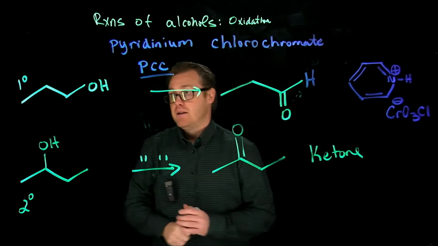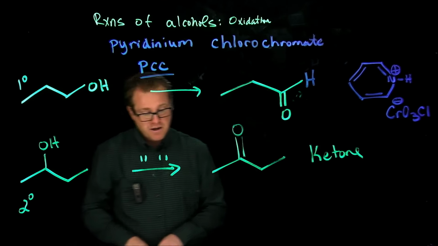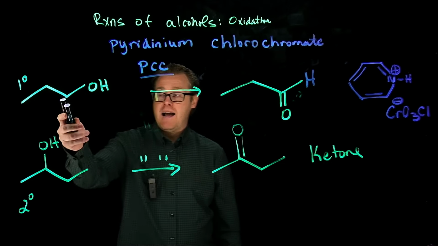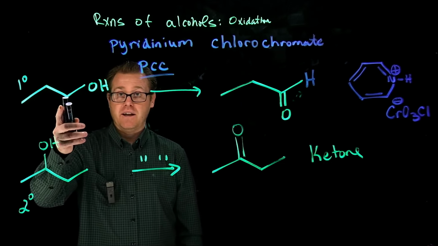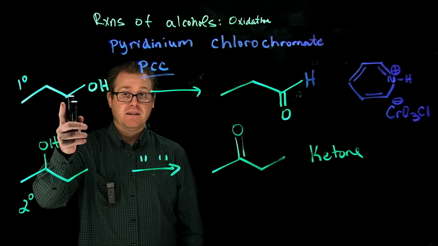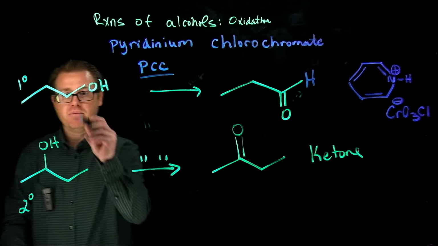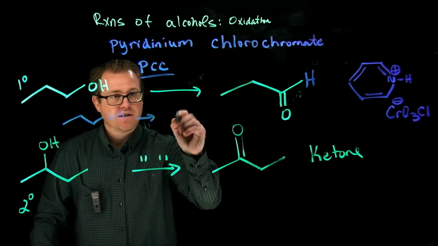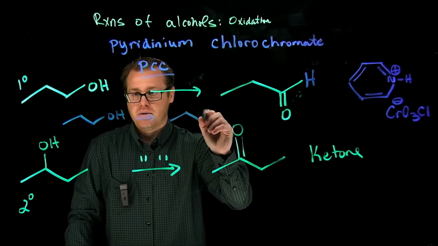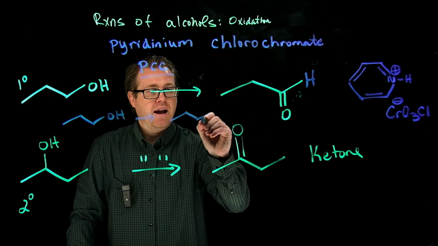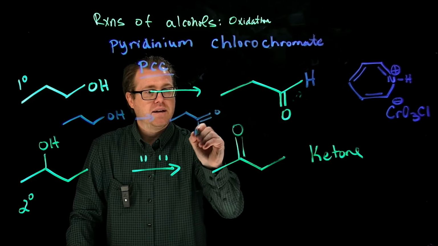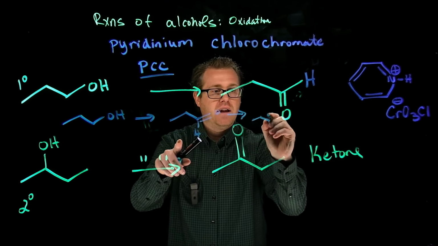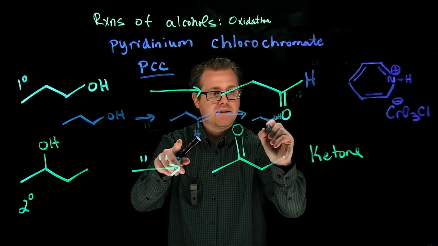So to be a little bit more accurate here, when you take a primary alcohol and use chromic acid, it actually happens stepwise. If you do chromic acid, it first converts it into the aldehyde, like this, and then it oxidizes it further into the carboxylic acid.